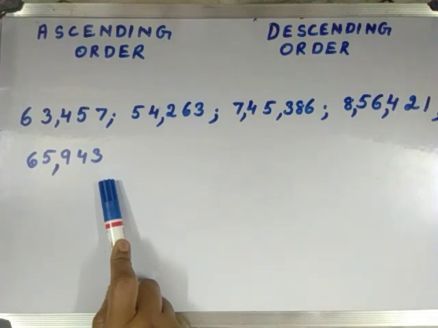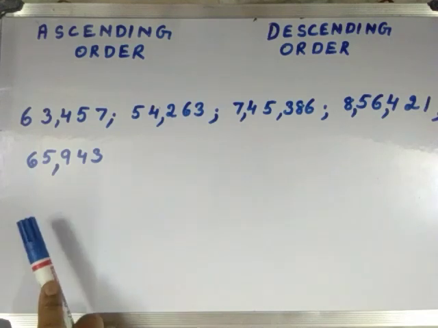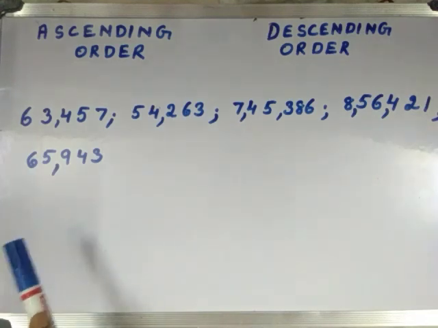So these are the numbers given and we are going to arrange them in ascending order. What is ascending order? To arrange the numbers from the smallest to the greatest. So what is the first step?